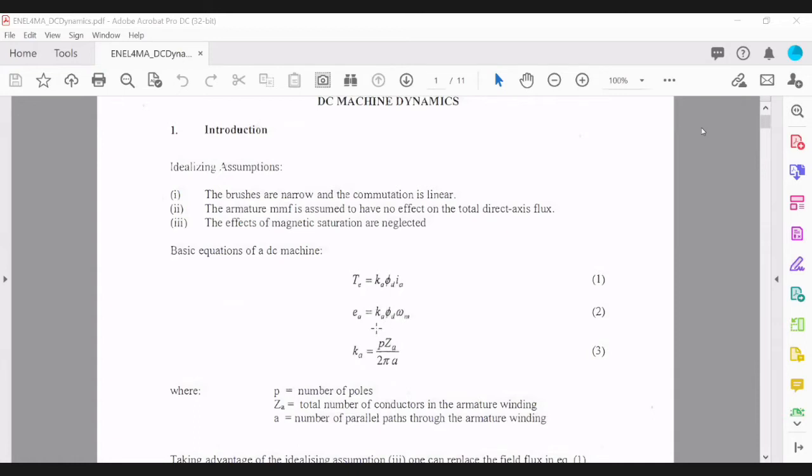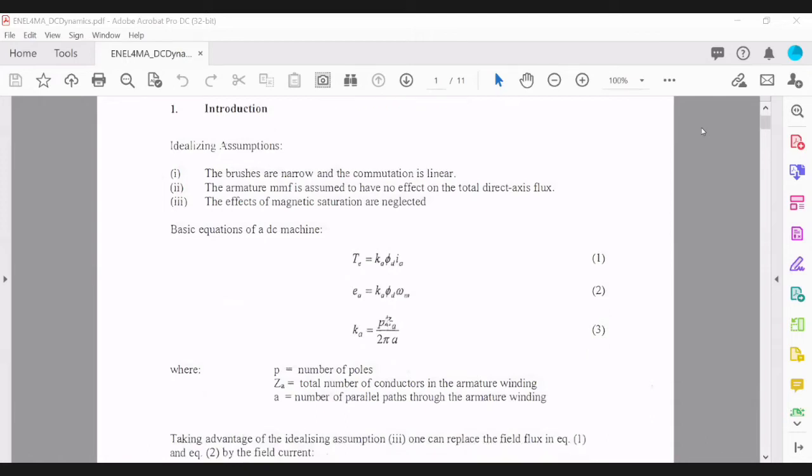So when we use that assumption here, which is we're neglecting the effect of saturation, it means that the flux in the machine is now proportional to the field current, right? So your field current and the flux will basically be proportional.